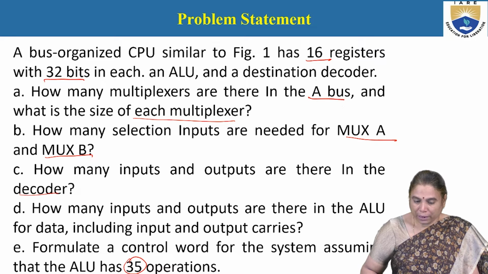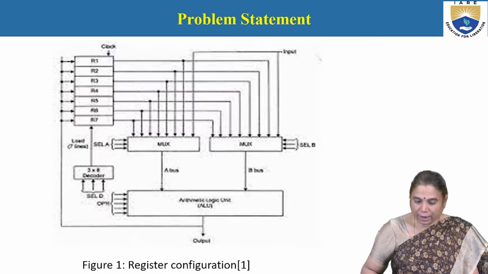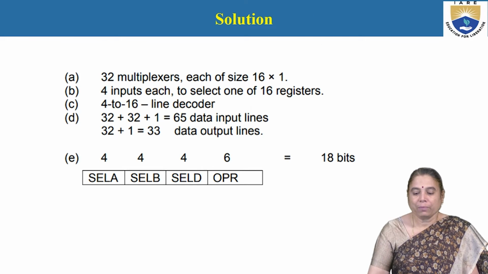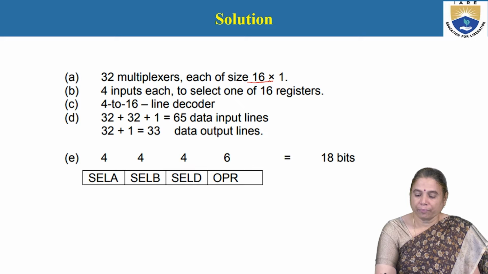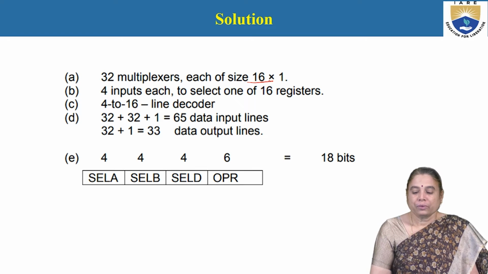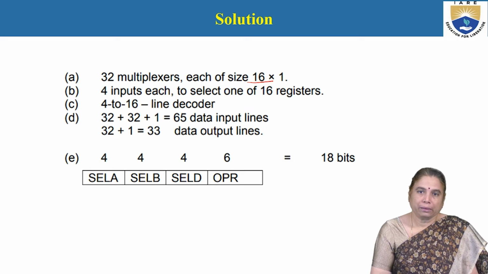So how many multiplexers are required and what is the size of the multiplexers? Here the registers can be selected from 16, so a 16 by 1 multiplexer is the size of the multiplexer.